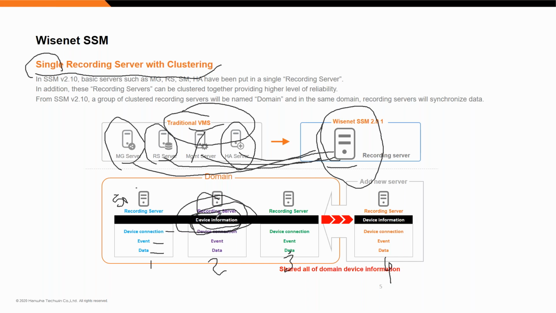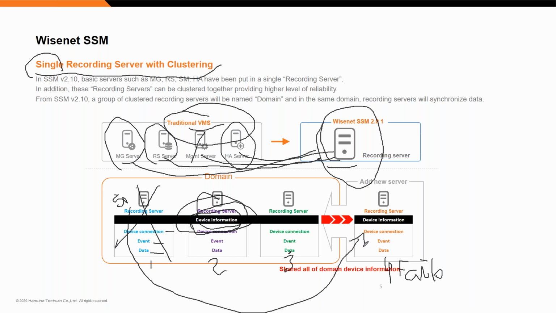Now for example, if I add three servers and the fourth one I add as a failover. What is failover? If any one of the servers fails, someone has to take over, right? That is failover. So if my fourth server is a failover and my first one dies, all the 50 cameras here will start recording on my failover server.